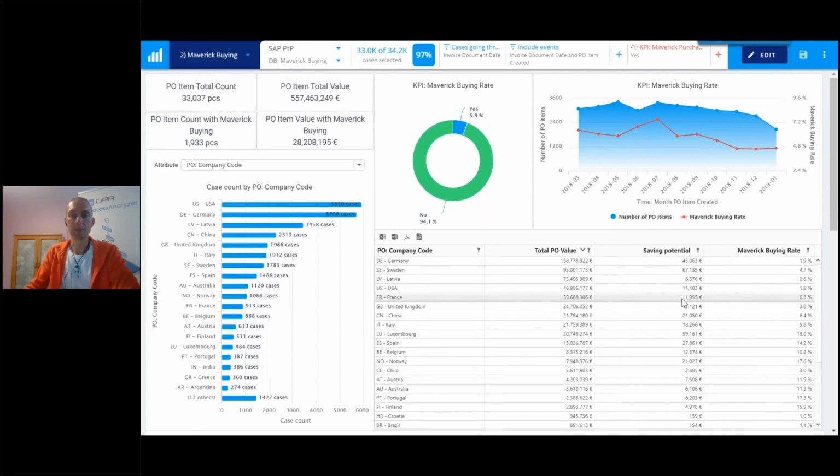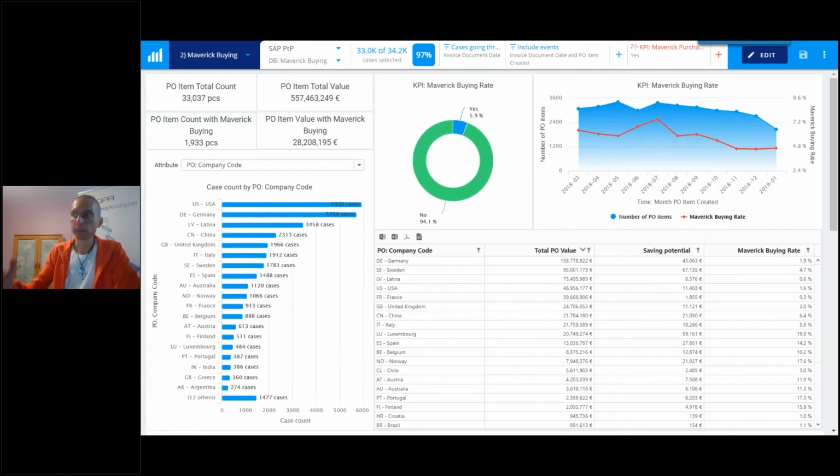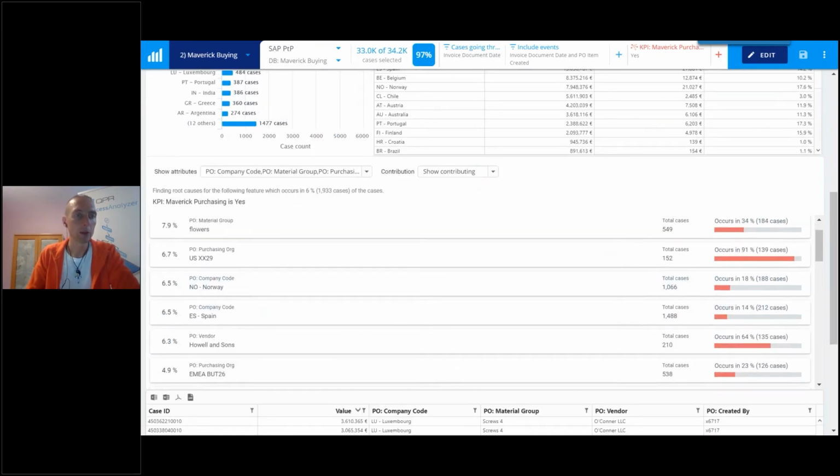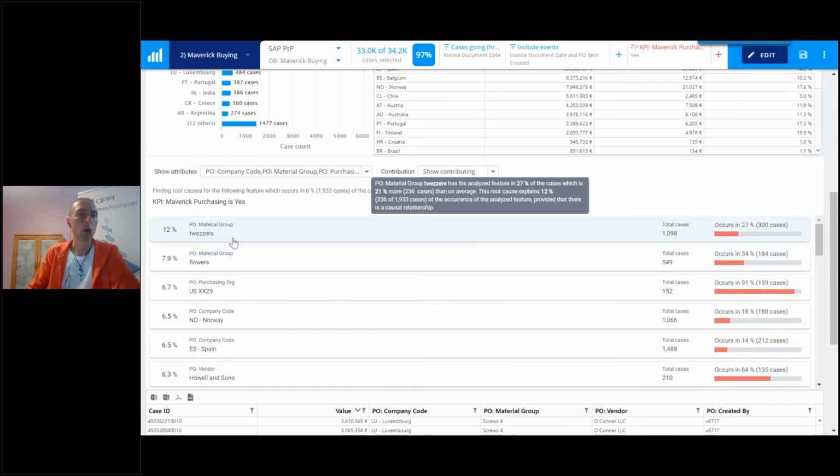So this is the amount of money that, based on some risk management estimates, internal auditing estimates, could be the saving potential if the maverick buying could be reduced. And here you see the root cause analysis for the maverick buying, showing the most common reasons for failing this KPI.